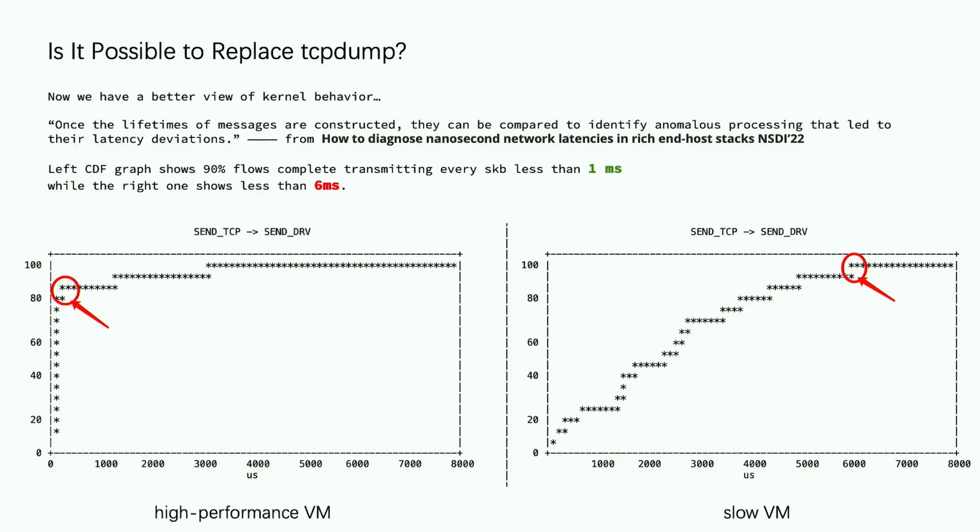I don't know. A few days ago, Brighton sent me a paper that describes exactly what I've been doing. The title of the paper is How to Diagnose... and it says once the lifetimes of messages are constructed, they can be compared to identify anomalous processing that led to their latency deviation.